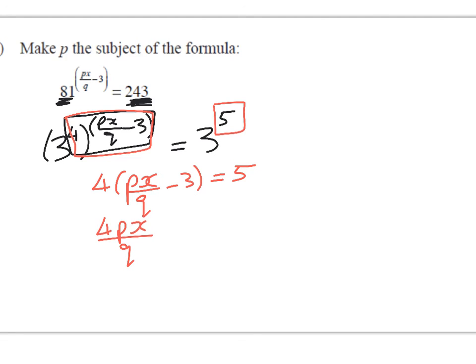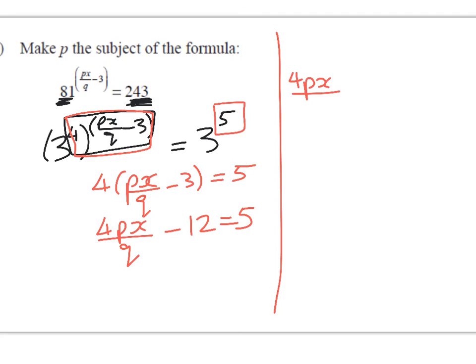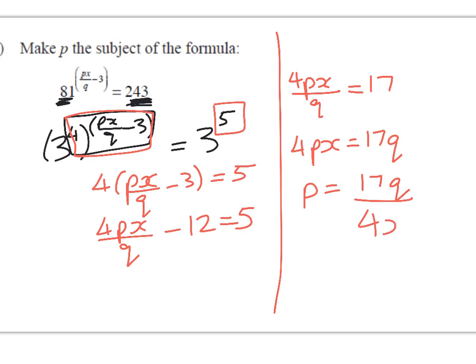Remember, my goal is to get p as the subject. So we're just about there. Put it up here. We get 4px over q is equal to 17. And then we get, cross multiplying, 4px is 17q, and p is equal to 17q divided by 4x.